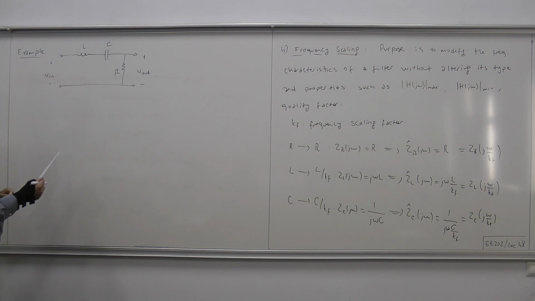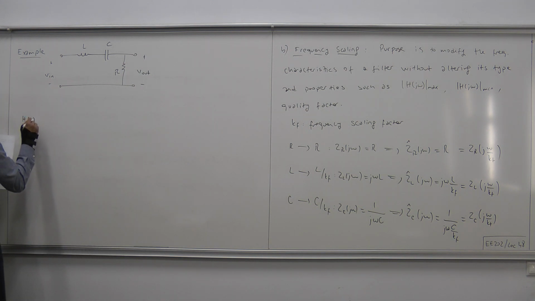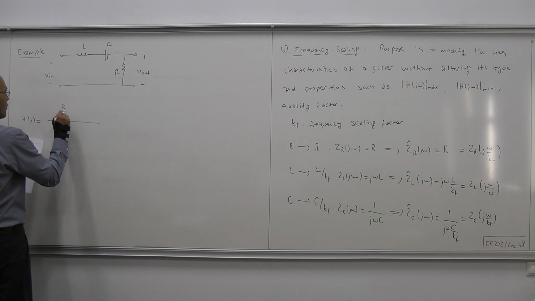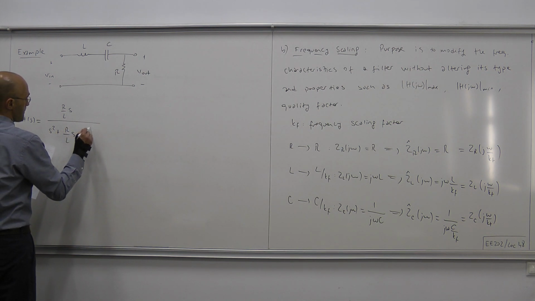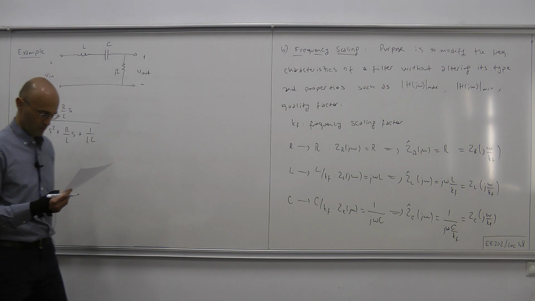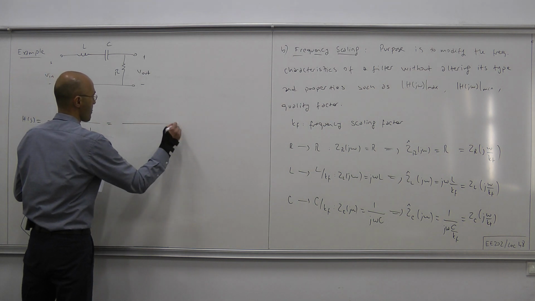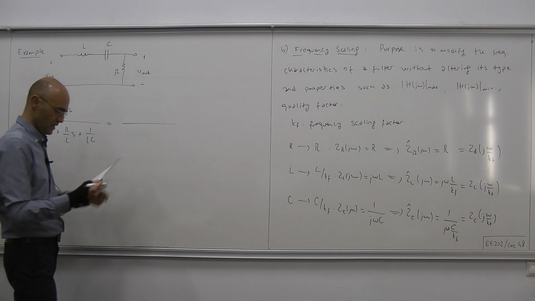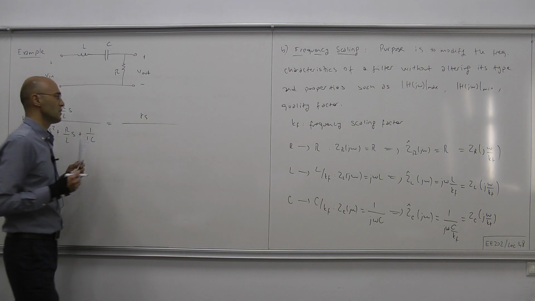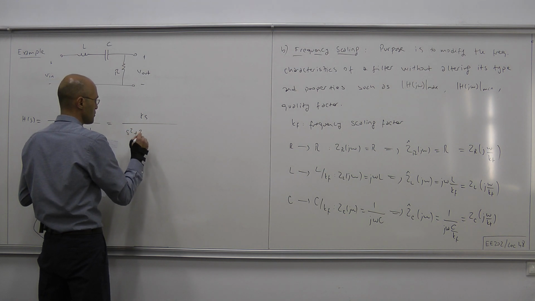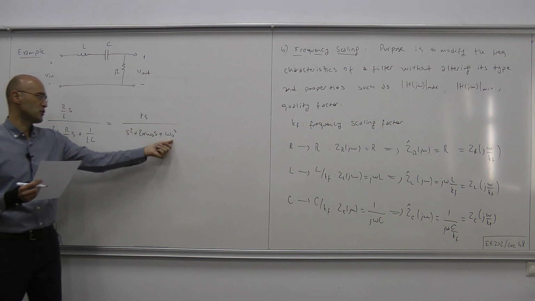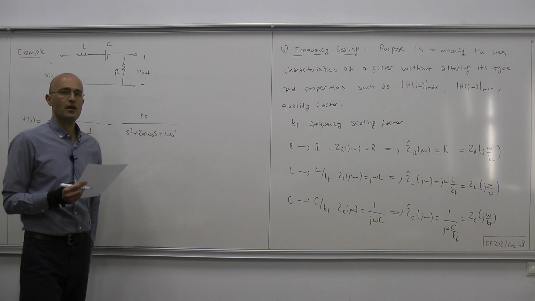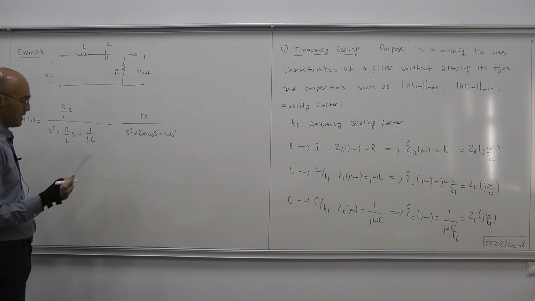So for this filter, we have the following transfer function: H of s equals (R over L) s over s squared plus (R over L) s plus 1 over LC. And in terms of our prototype bandpass filter notation, this corresponds to Ks over s squared plus 2 alpha omega 0 s plus omega 0 squared. Omega 0 is 1 over square root of LC, which was our center frequency for our second order bandpass filter.